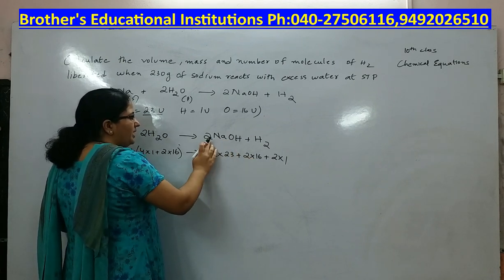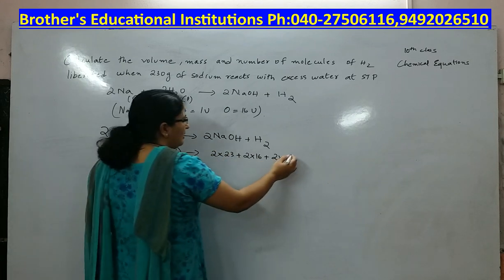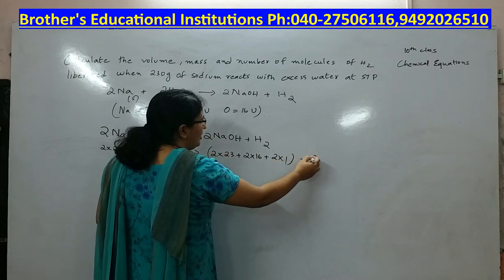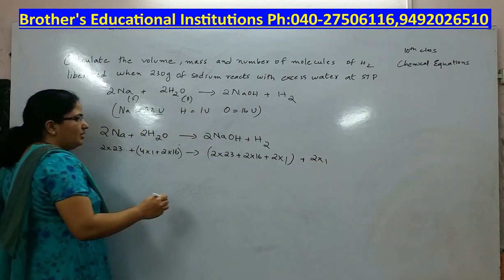You have 2 each. Then 2 into NaOH, that is 2 into 23 plus 2 into 1.